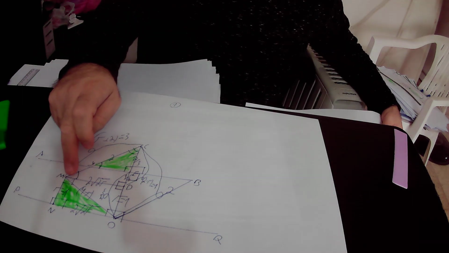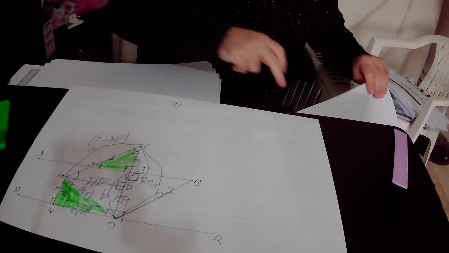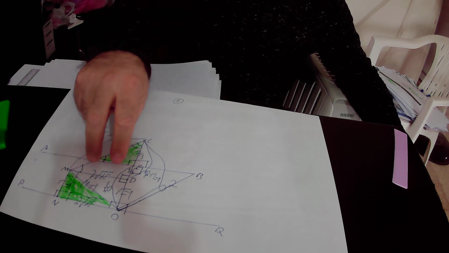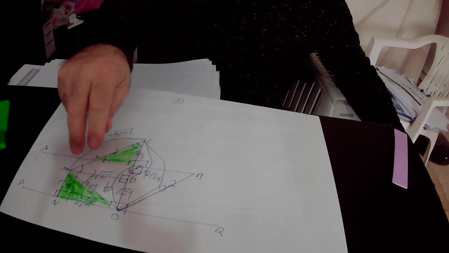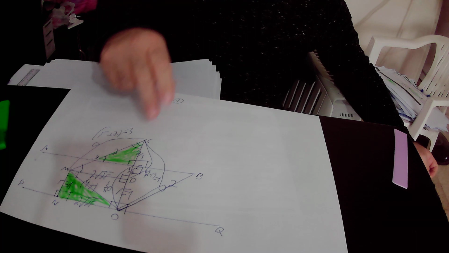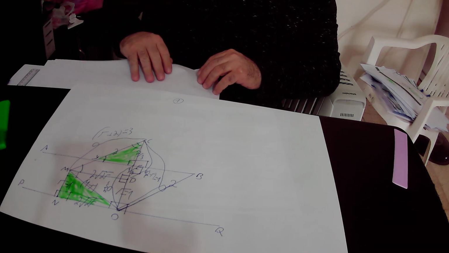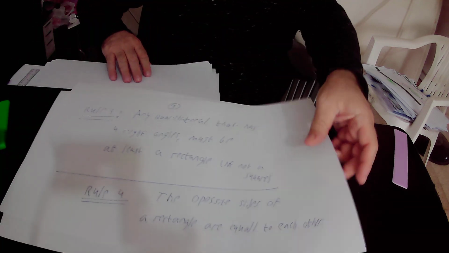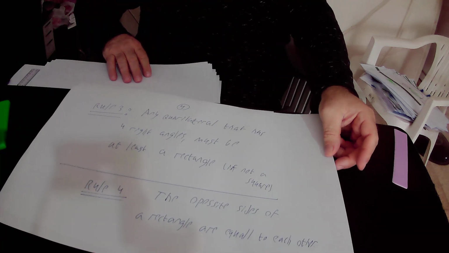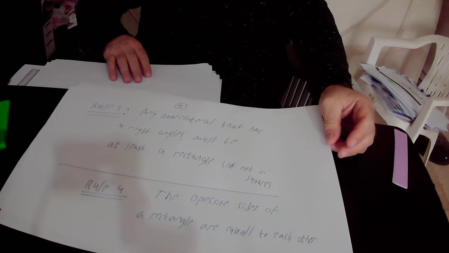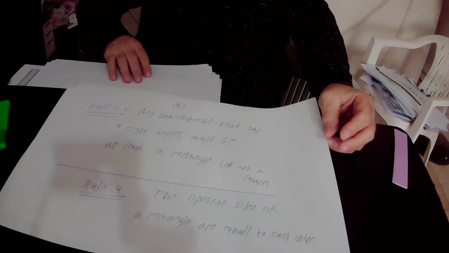So this angle is a right angle, it equals 90 degrees. So we found out that all four angles in quadrilateral MNOD are right angles. And we have also rule number 3, which states that any quadrilateral that has 4 right angles must be at least a rectangle, if not a square.